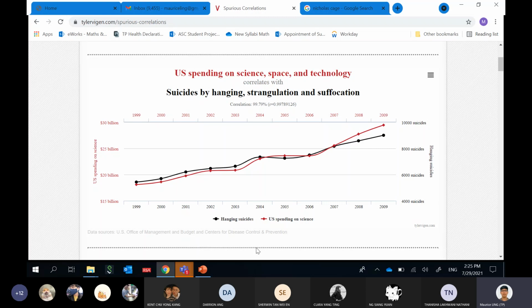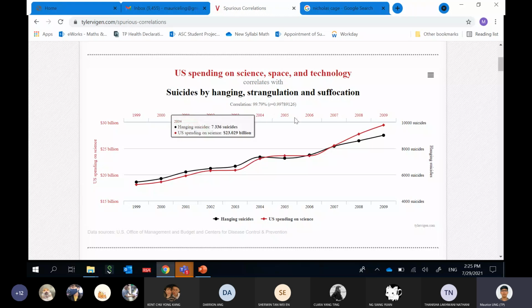So US spending on science, space, and technology is very well correlated with suicide by hanging, strangulation, and suffocation. Look at the R value, 0.99. Very well correlated. Okay, but it doesn't mean anything.